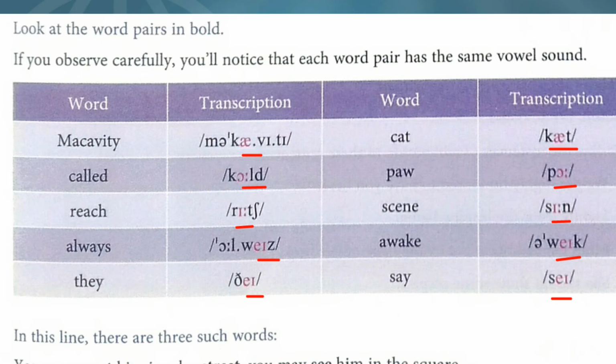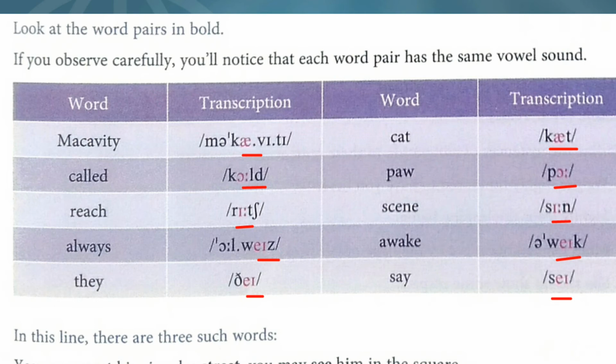Next one is always and awake. In both, the same sound is repeated. That is known as a diphthong. A combination of two vowels is known as a diphthong.